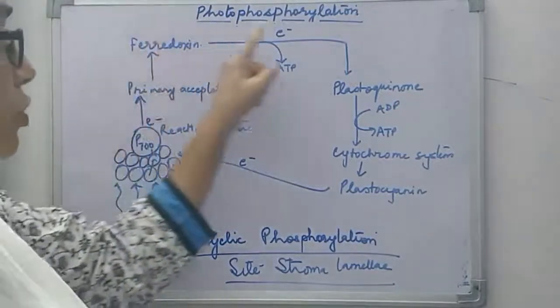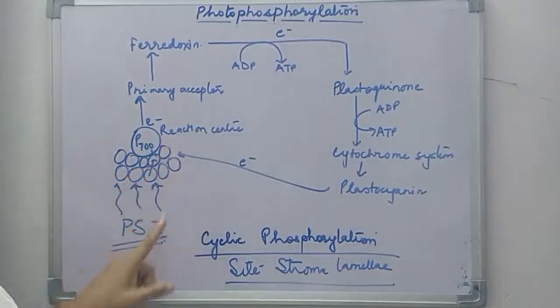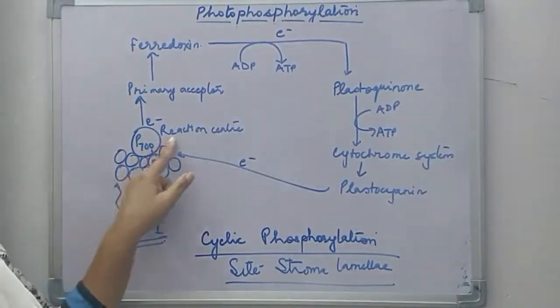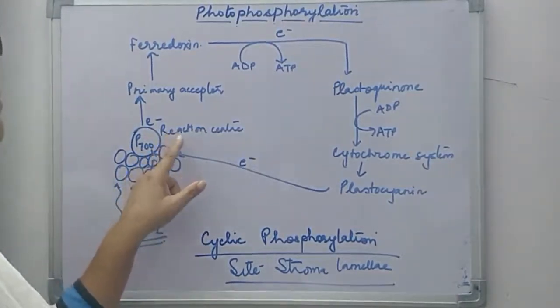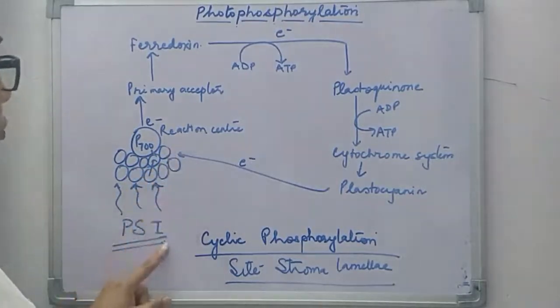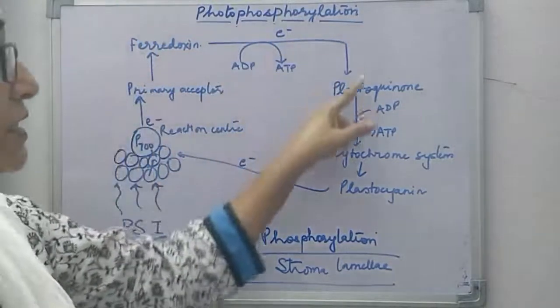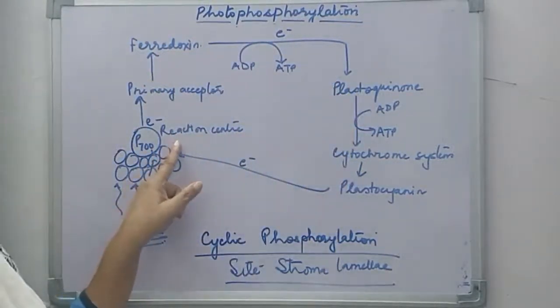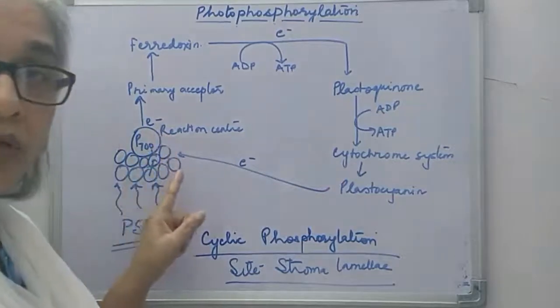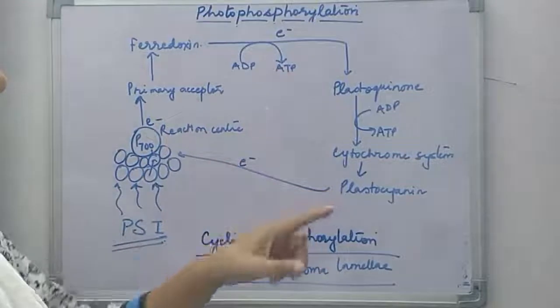Because the electron that is emitted due to excitation of the chlorophyll A molecule at the reaction center by absorption of photons of light is returned back to the reaction center so that it can come to its ground state. And in this only ATP is formed.